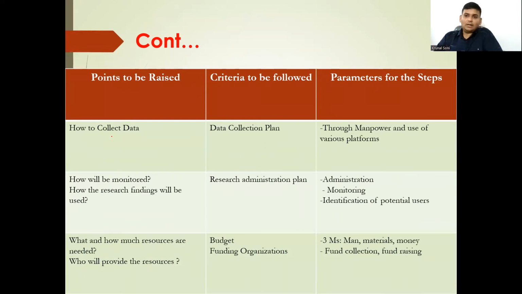How to collect data, that is the data collection plan. If I talk about a normal research, let's suppose somebody is collecting data on the advertising impact on consumer buying behavior. He needs to define his geographical region, and region-wise he needs to decide the sample size he needs to collect.